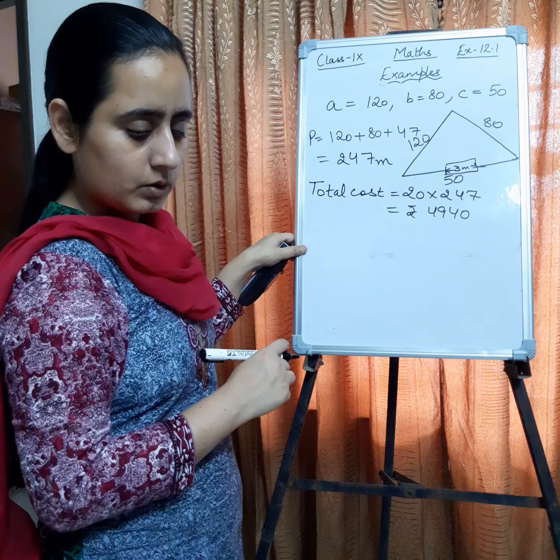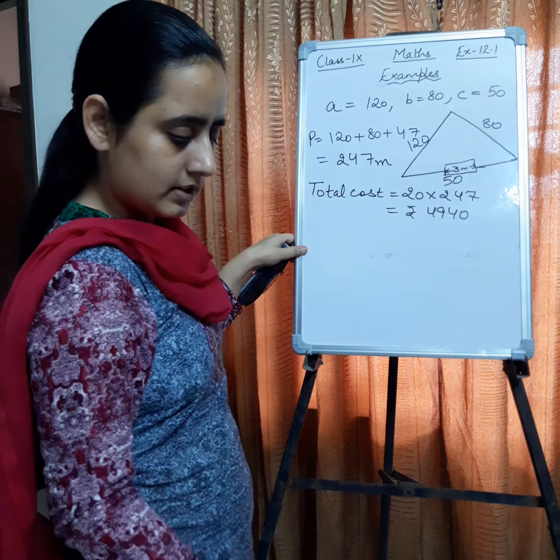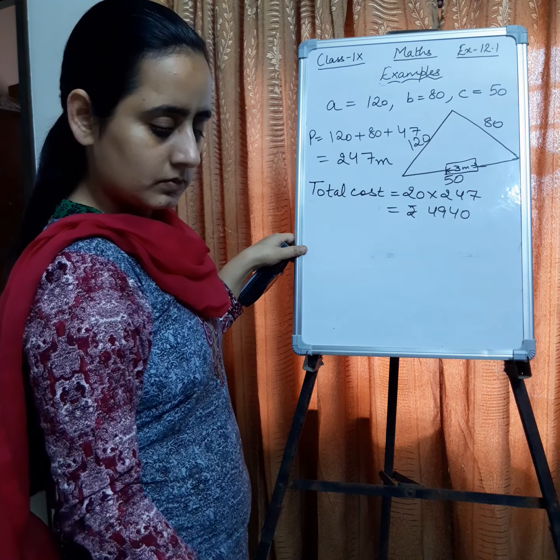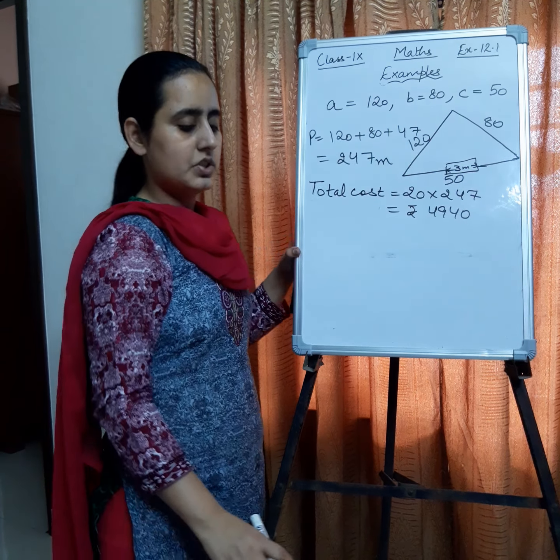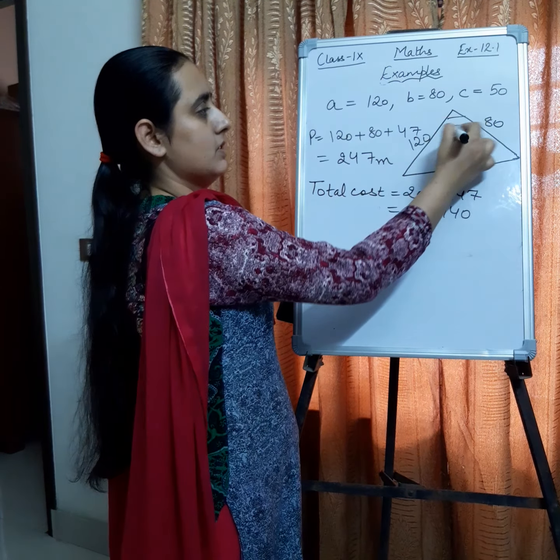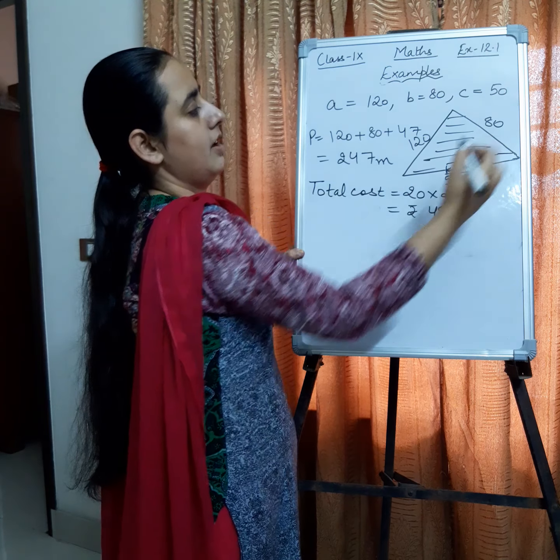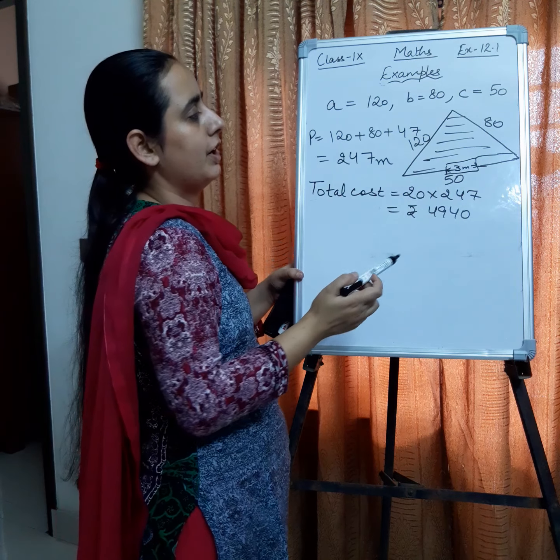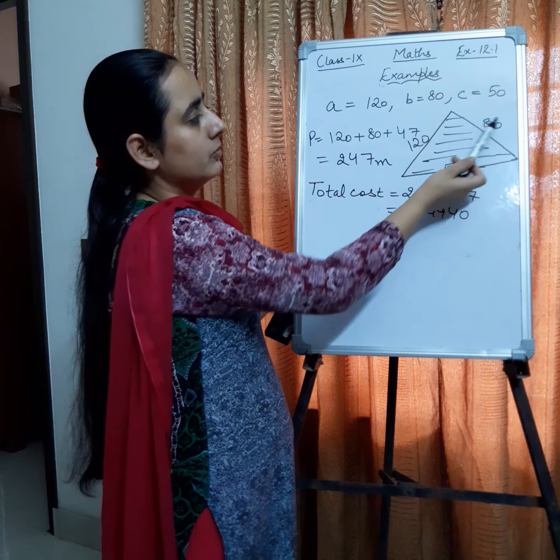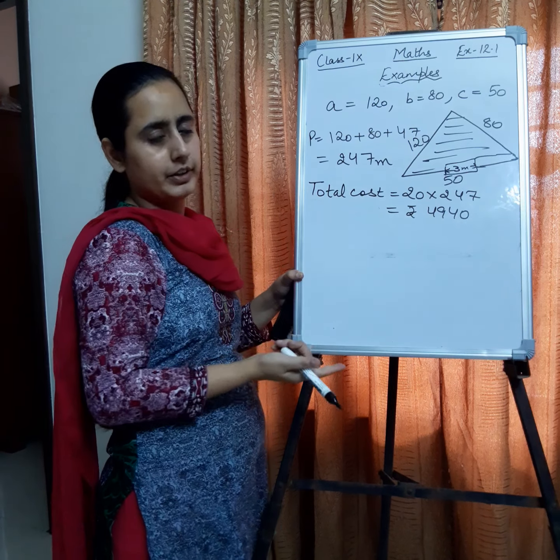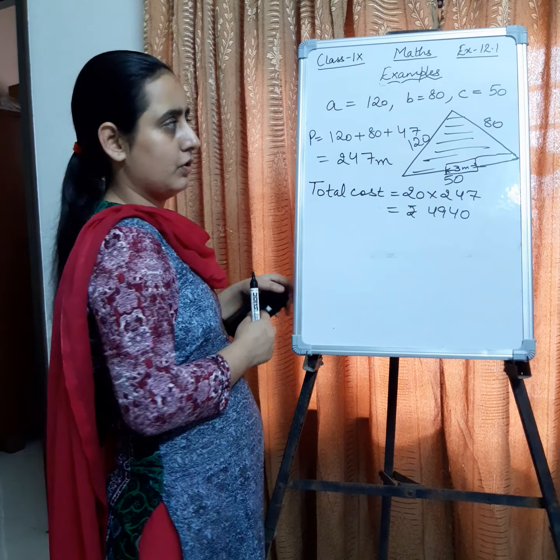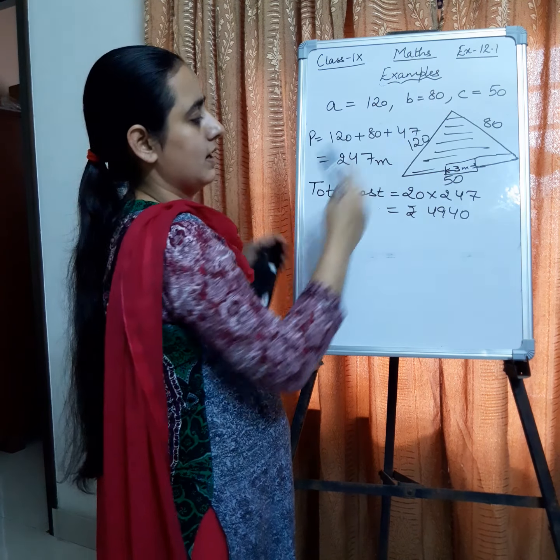Second thing he asked: how much area does she need to plant? That means we need to find this area also. When sides are given, we find the area using Heron's formula, where A, B and C are given.